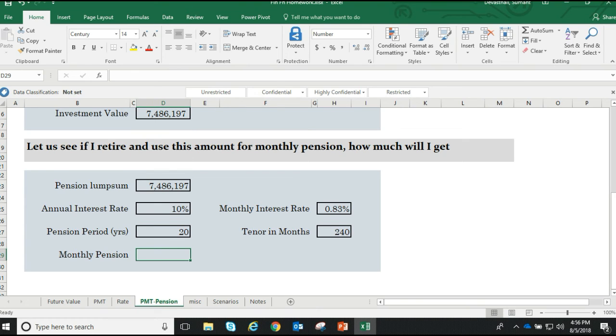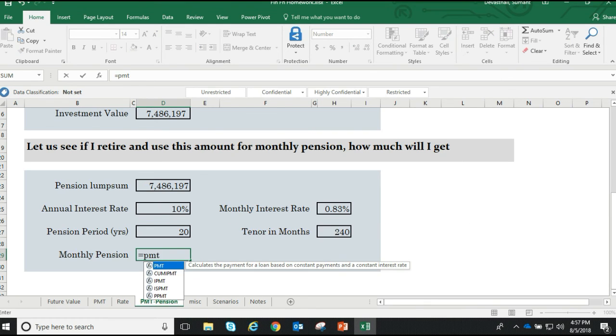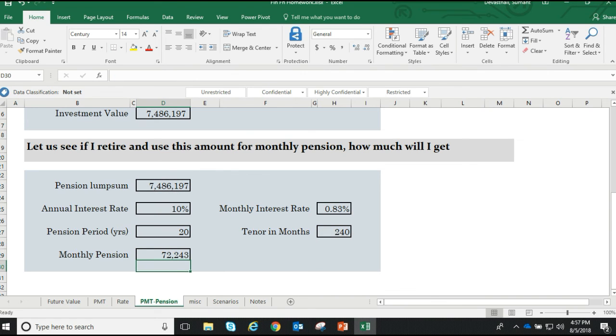We will use the PMT function, but now this is going to be an investor point of view rather than a borrower point of view. So let's use the PMT function: the rate, the periods, and the present value. This would be negative because we would be investing it into that fund, right? So he would receive 72,000 rupees of monthly pension.